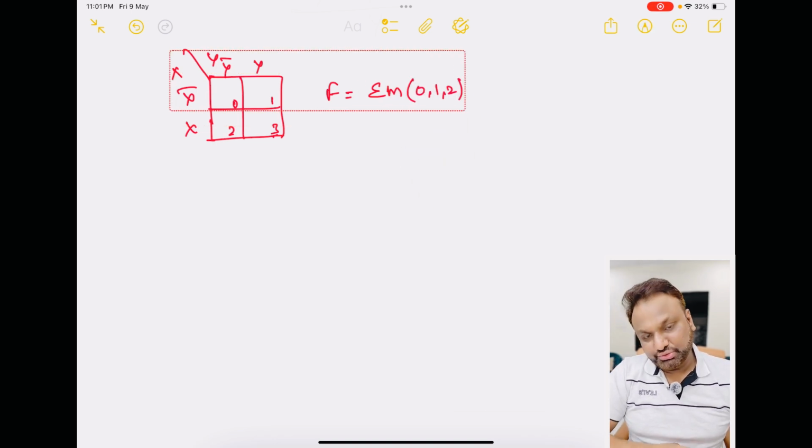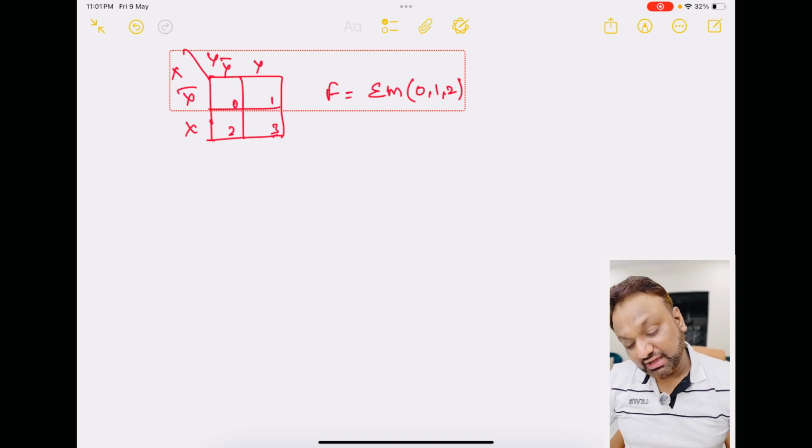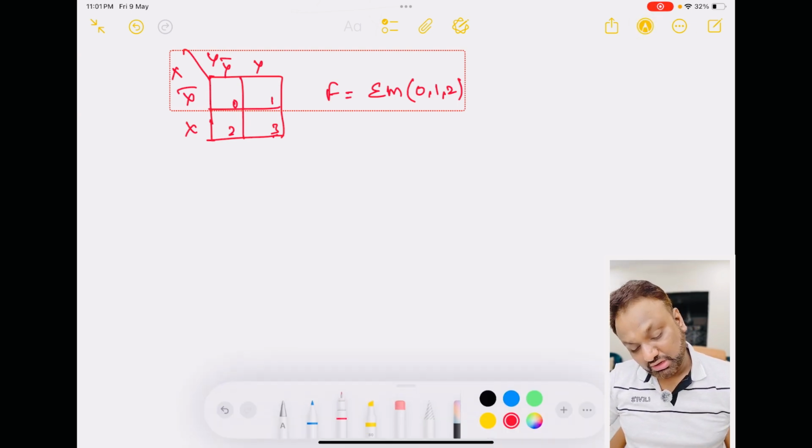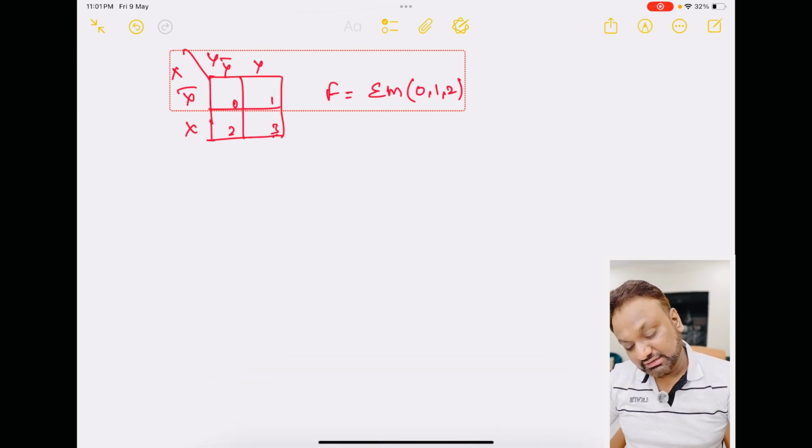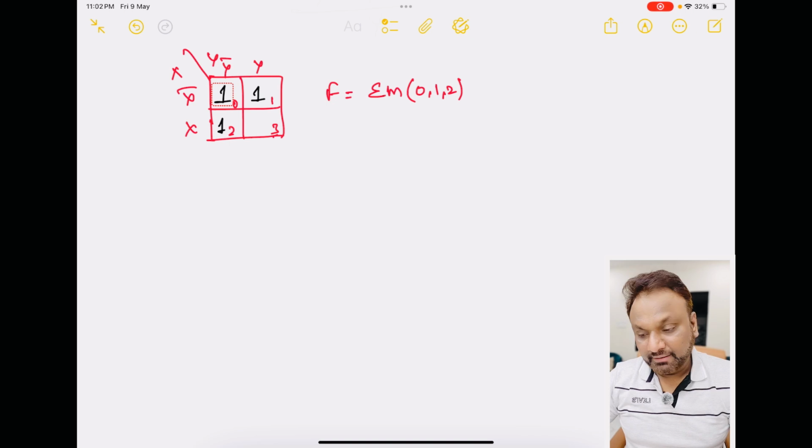Wherever the SOP terms are given, there you put a 1, at 0, 1, 2.